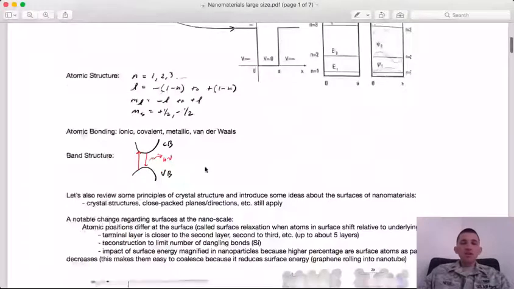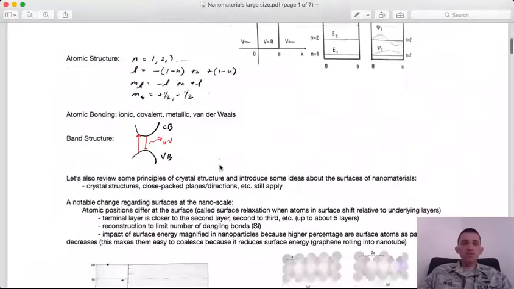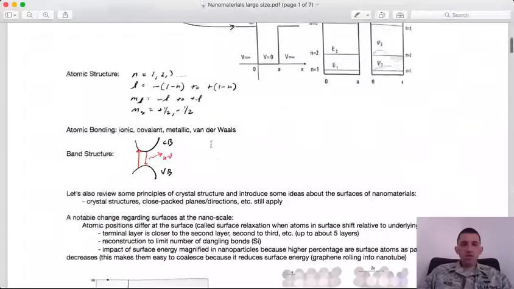If you get together a great many number of atoms, right, you can form a crystalline structure. We saw this with single crystal silicon. And for the electrical properties of single crystals, we care about the band structure.